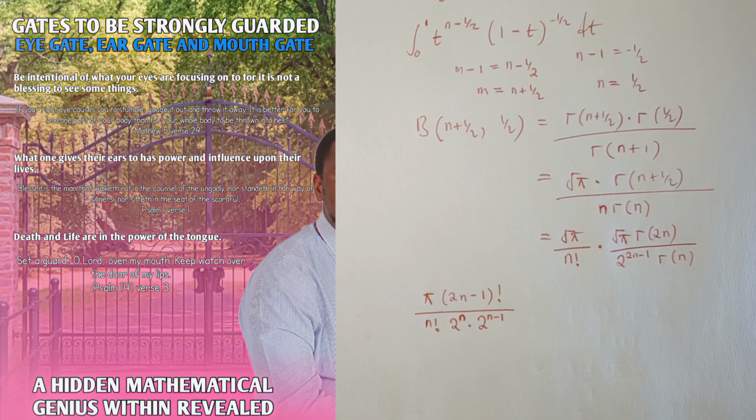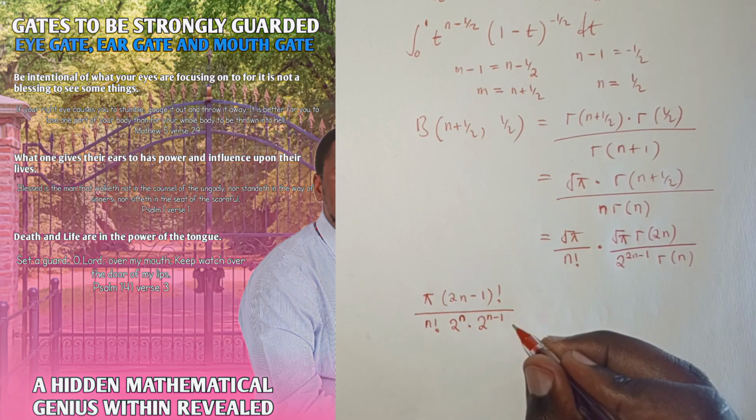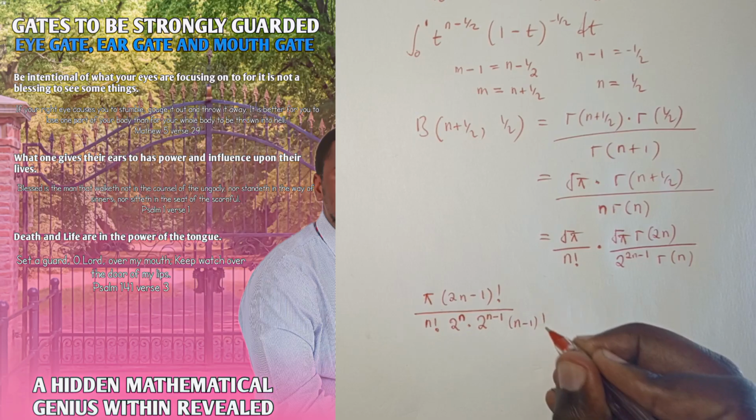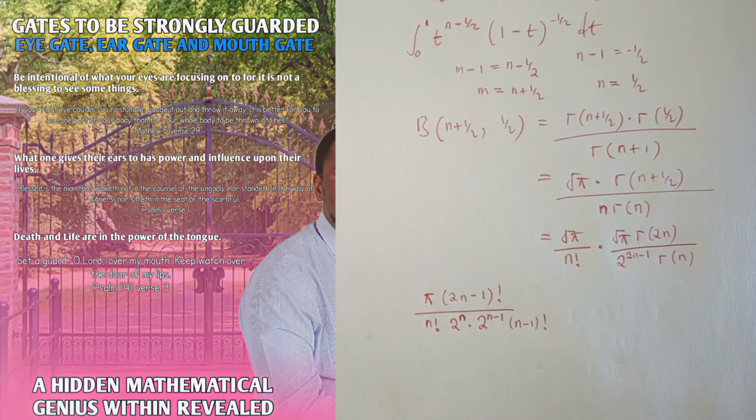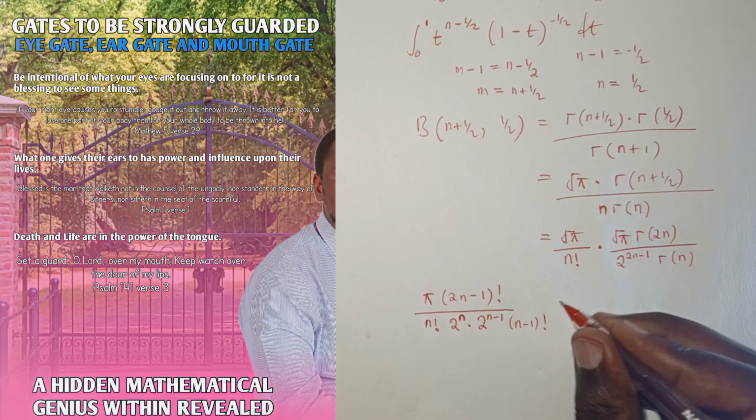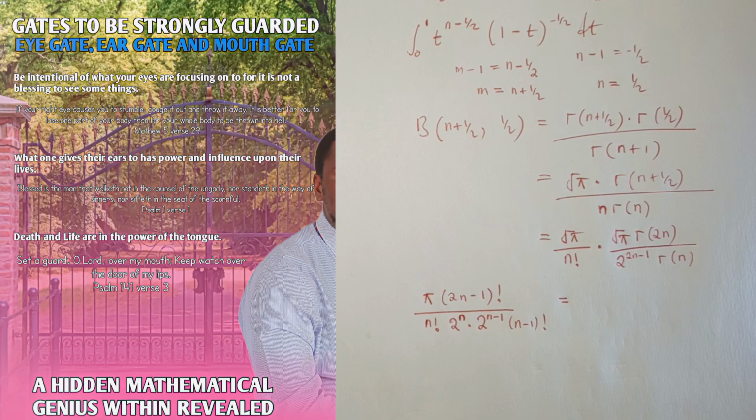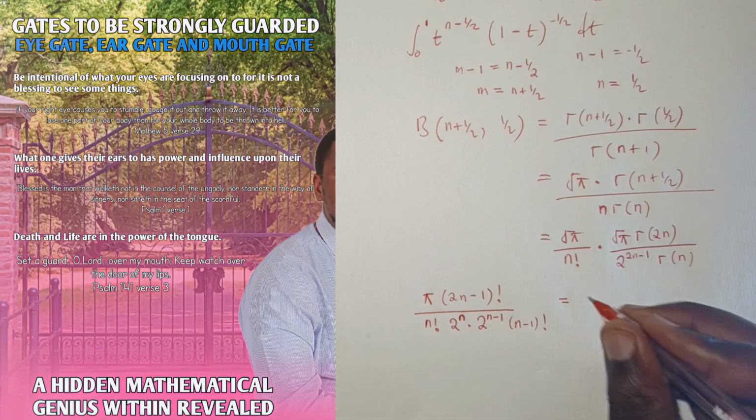What else do we need? We also need to make this a factorial, so you subtract a 1 and get n minus 1 factorial. From the numerator here, we come up with n minus 1 factorial. Where there is n, you put n minus 1.